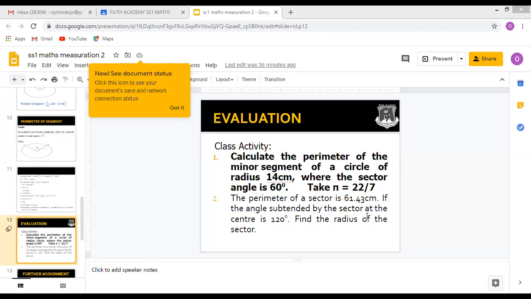The second one is 29.32. Is what? I can't hear you. 29.32 centimeters.